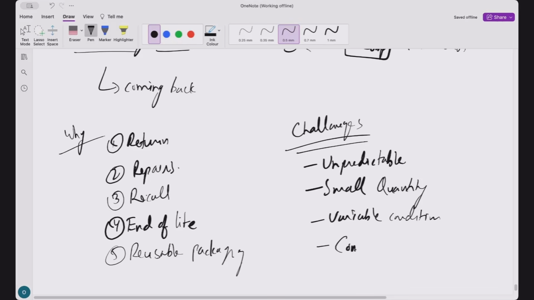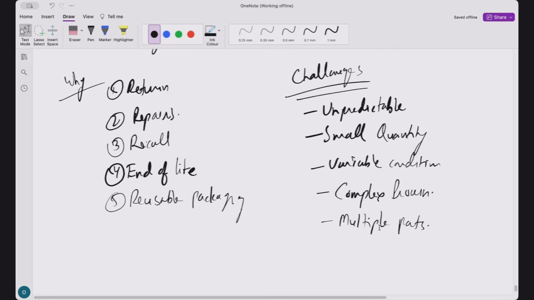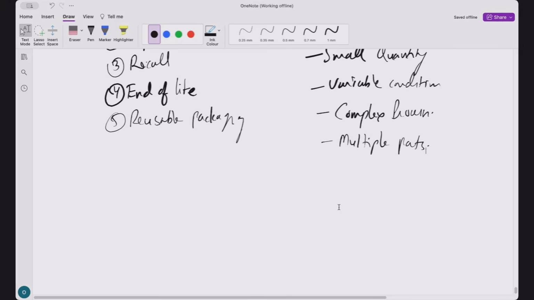Then complex processing: inspect, sort, decide disposition, and so on. Then it has multiple paths: resell, repair, recycle, dispose. So multiple paths of reverse logistics. For example, let's take an example of a mobile phone return.